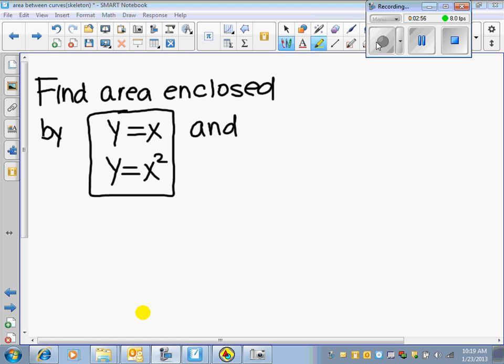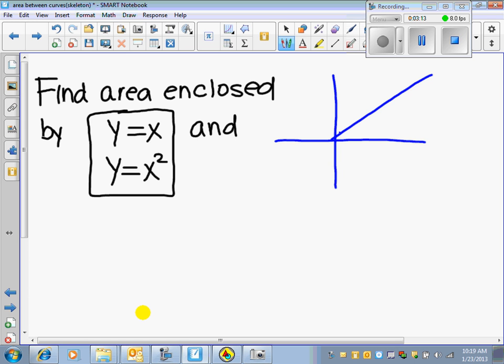We're going to find the area enclosed by these two graphs, y equals x and y equals x squared. So before you write anything, let's just get an idea of what these look like. Well, let's see, light sketch, y equals x, looks like this, goes to the origin. And y equals x squared is a parabola, and so my parabola looks something like this.